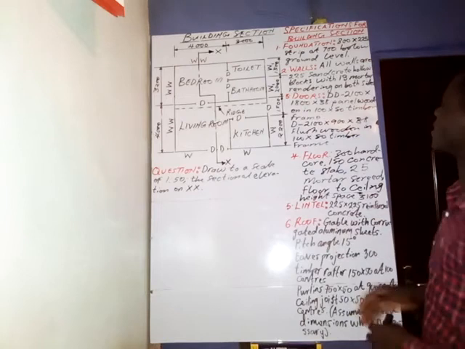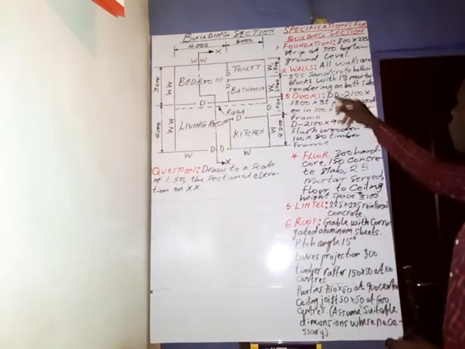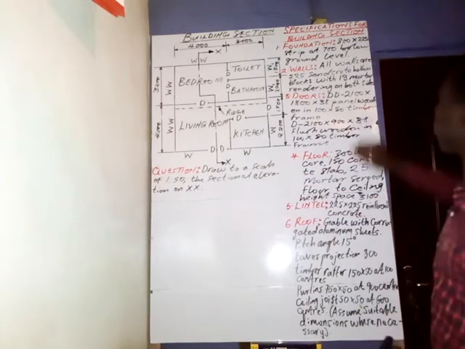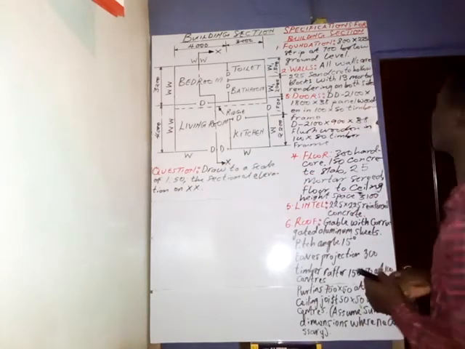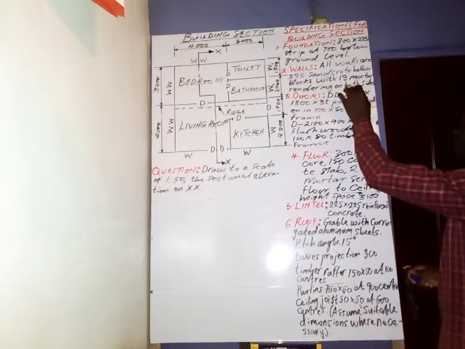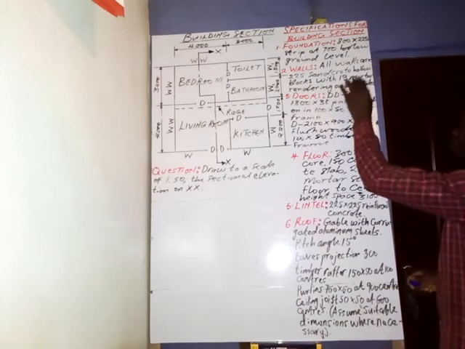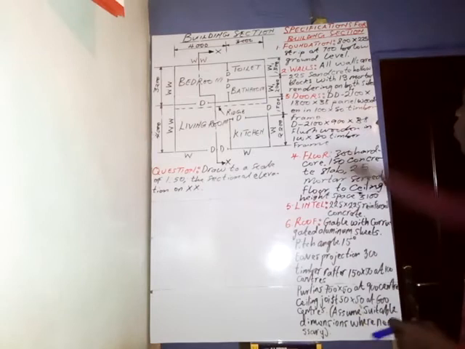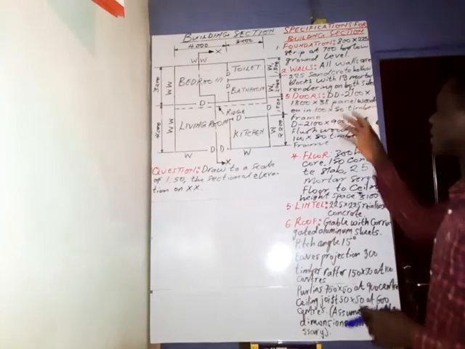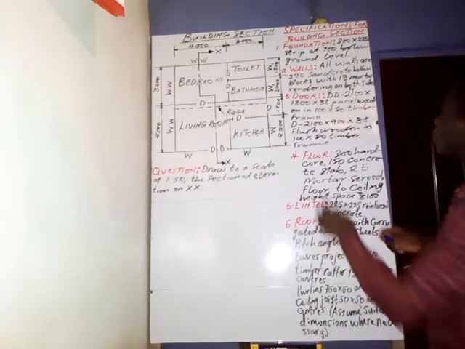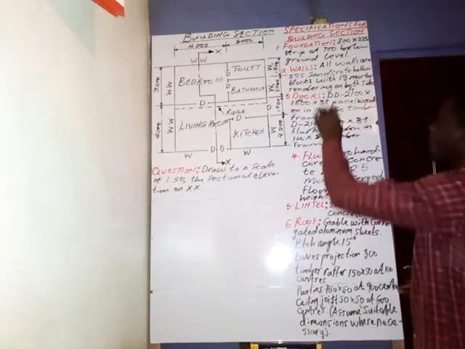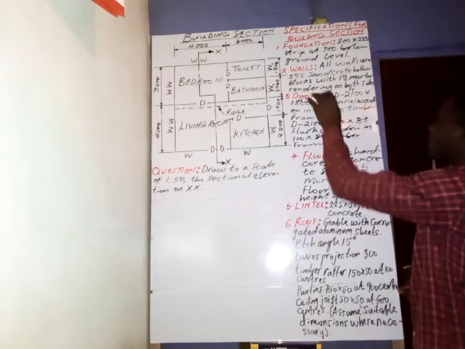Then the next is doors. We have a double door here. For the double door, this is the height, as I've explained before. So the height is 2,100 by 1,800 by 38. 2,100 is the height, the width is 1,800 and the thickness is 38 millimeters.